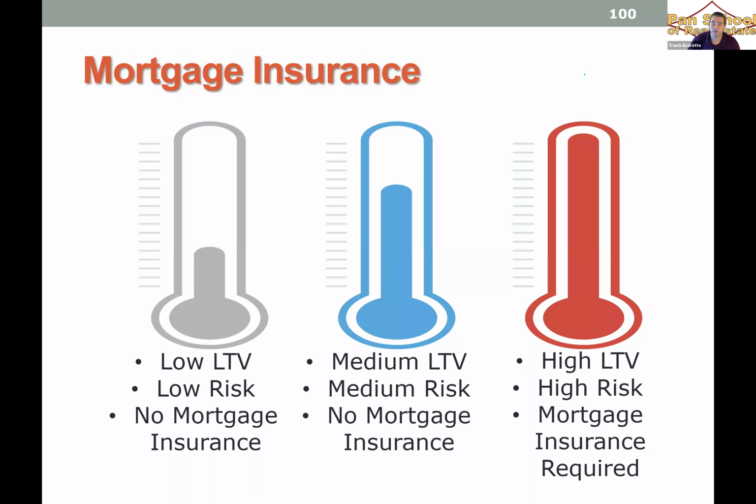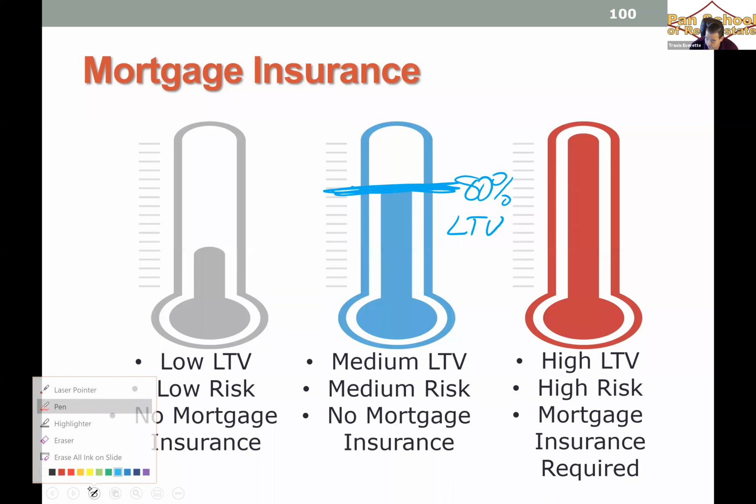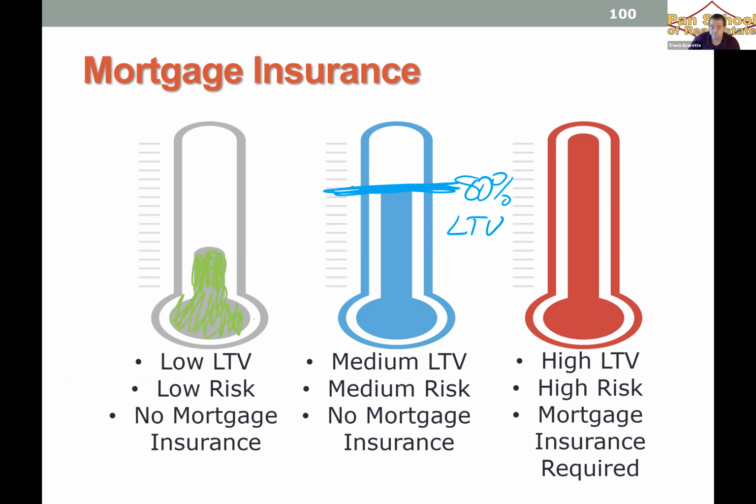As I said earlier, the point at which this becomes necessary is 80% loan to value. If you're borrowing less than 80% loan to value, like over here on the left-hand side, the lender is not worried about this amount of the loan. They're not worried about that at all.